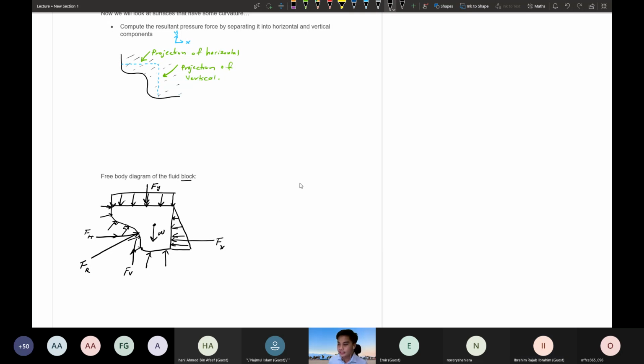As usual, we apply the summation of forces in the x direction equal to 0. Why equal to 0? Because we want to make sure this is in equilibrium state.